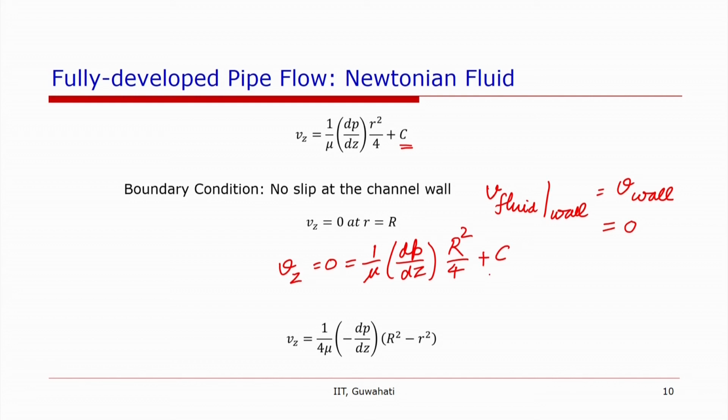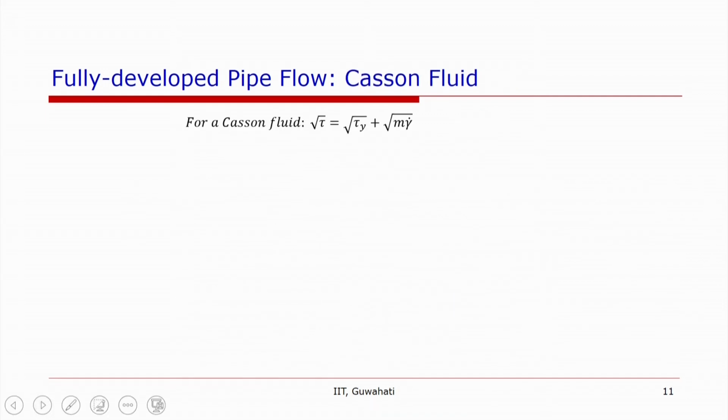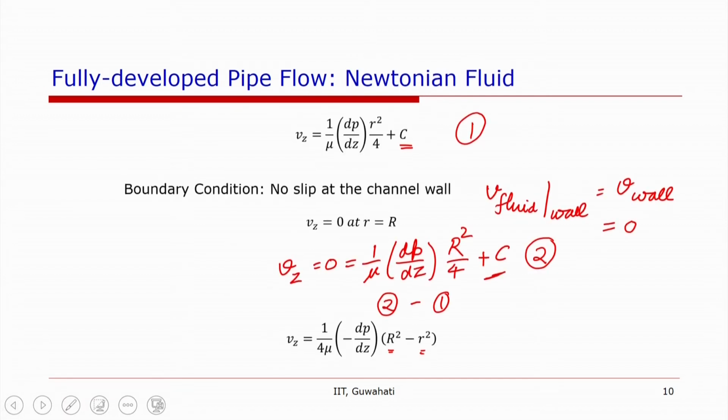If we subtract 2 minus 1, we will get 1 over mu, minus dp by dz, into capital R square minus small r square by 4. Okay.